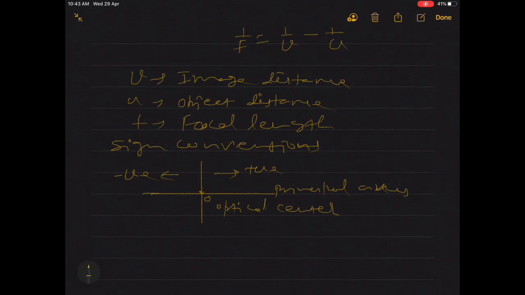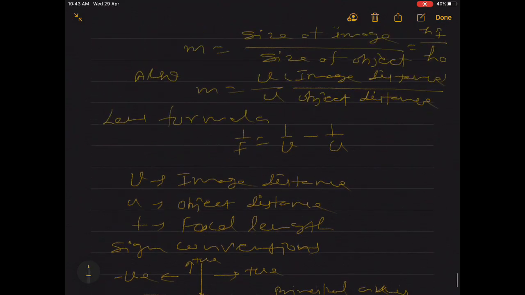Moreover, distances above the principal axis are positive and below the principal axis are negative. So these sign conventions are very important whenever you are using either the formula of magnification or the lens formula.